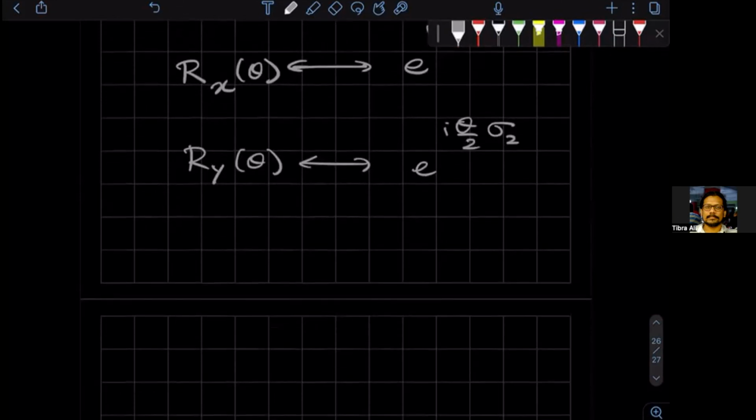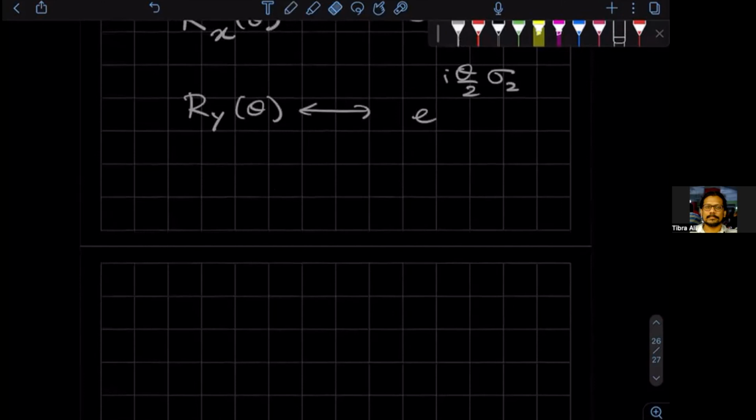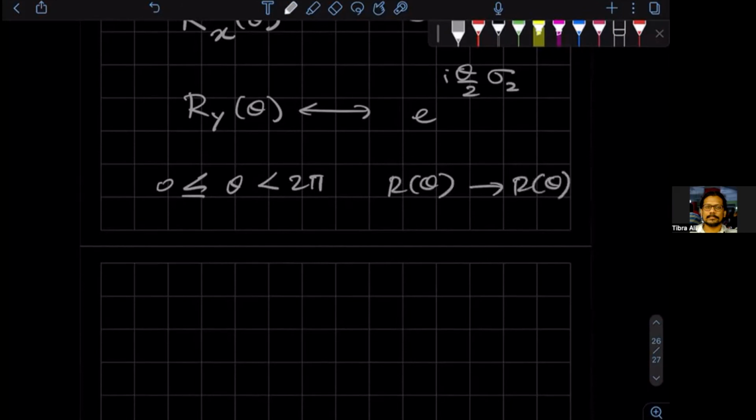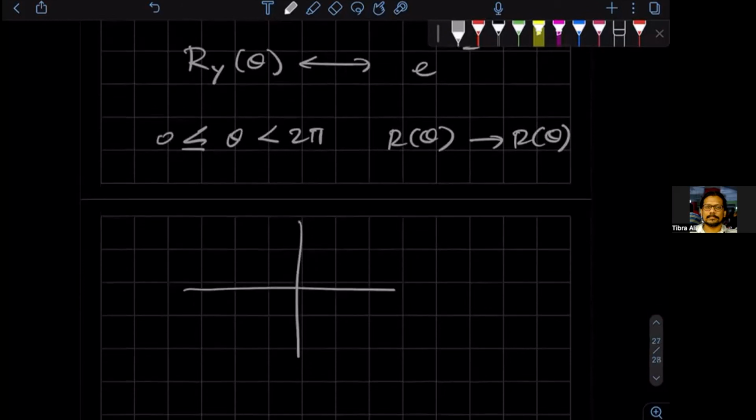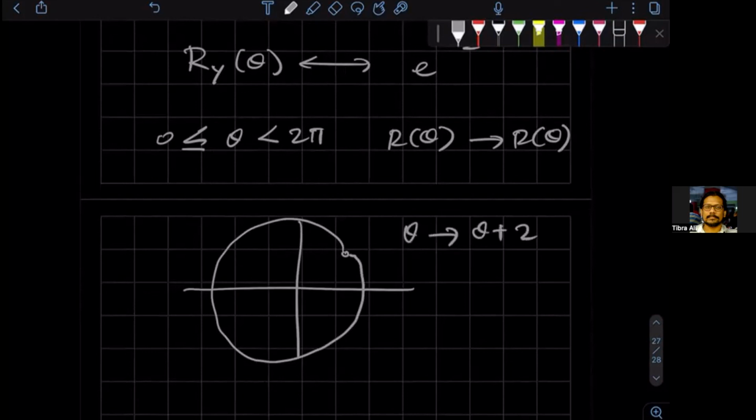Now, before I go, I just want to point something weird out. If theta goes from 0 to 2 pi, then r of theta goes to r of theta, right? What I mean is this. We have theta here. Now, if I take theta to theta plus 2 pi, then r of theta goes to r of theta.